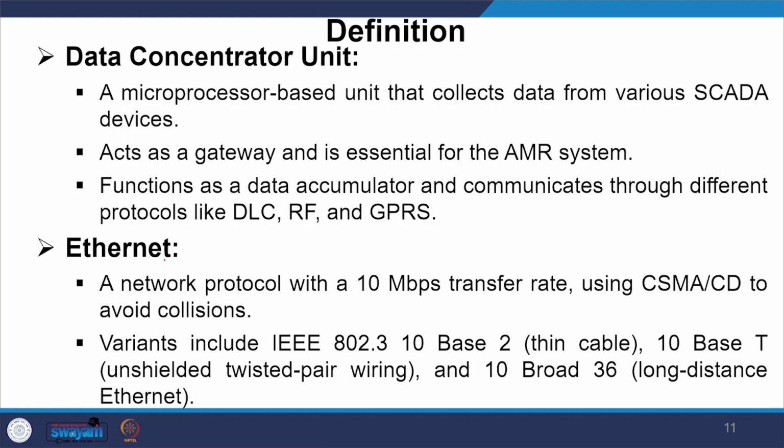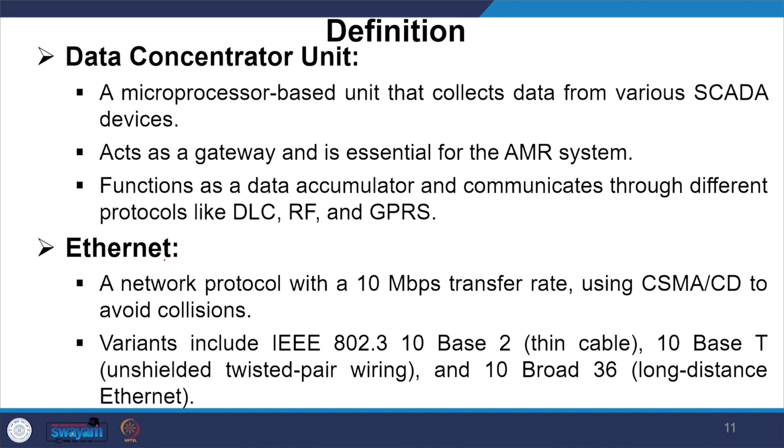It functions as a data accumulator and communicates through different protocols like PLC, RF, and GPRS. Ethernet, an important part of communication, is a network protocol with a 10 Mbps transfer rate using CSMA/CD to avoid collisions.